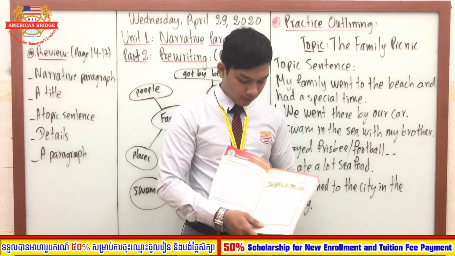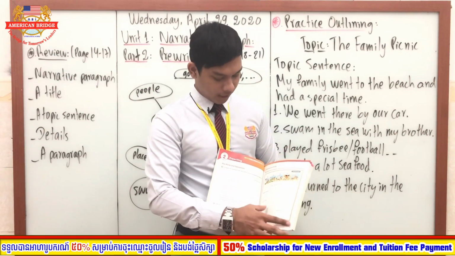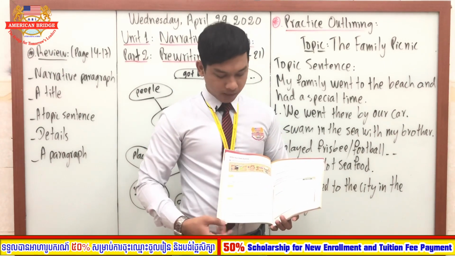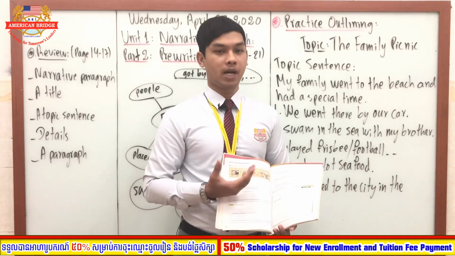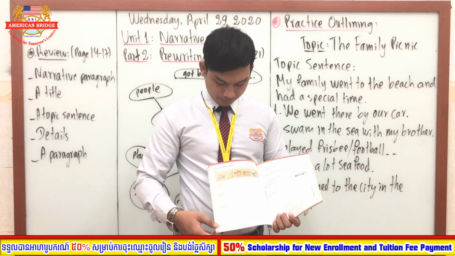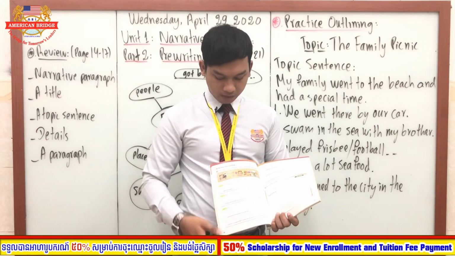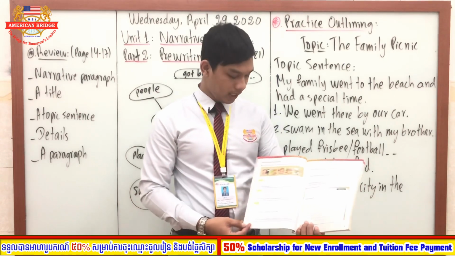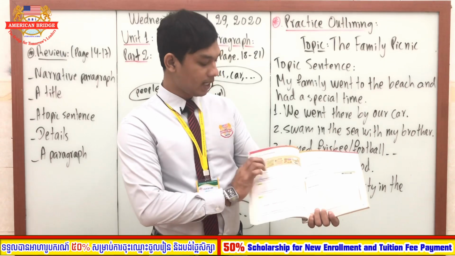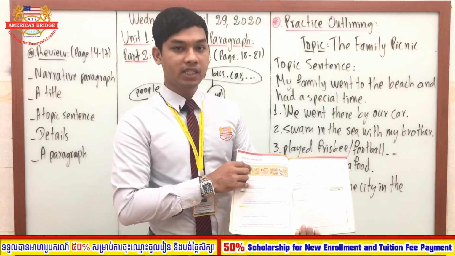And what you have to do next is turn your book to pages 20 and 21. Pages 20 and 21 are your own practice, your own writing. All right. So first you have to look at page 20, and then you will see 5 pictures. Okay, 5 pictures, and there are some numbers on each picture.